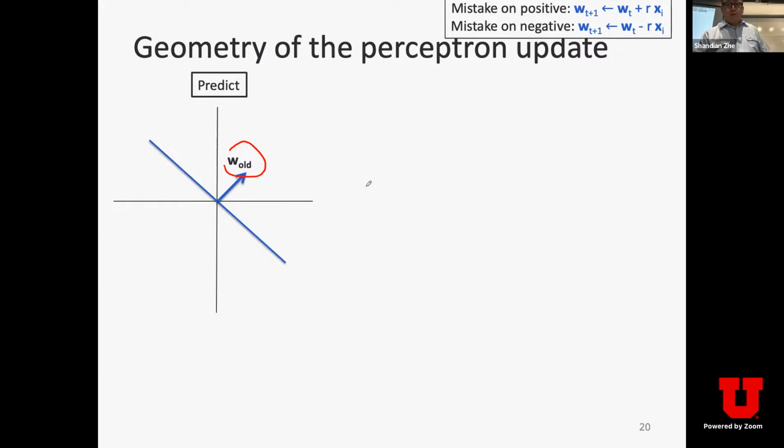Now if we use our current model to make a prediction over this positive example, what will happen? What's the label? It'll be incorrect. Yes, it'll be negative. Why? Because if you compute w_old transpose x, what's the value? Is it positive or negative? It's negative. Why is it negative?